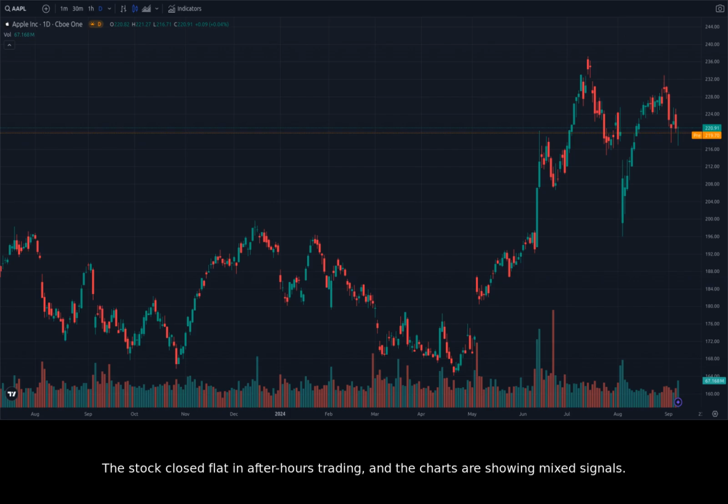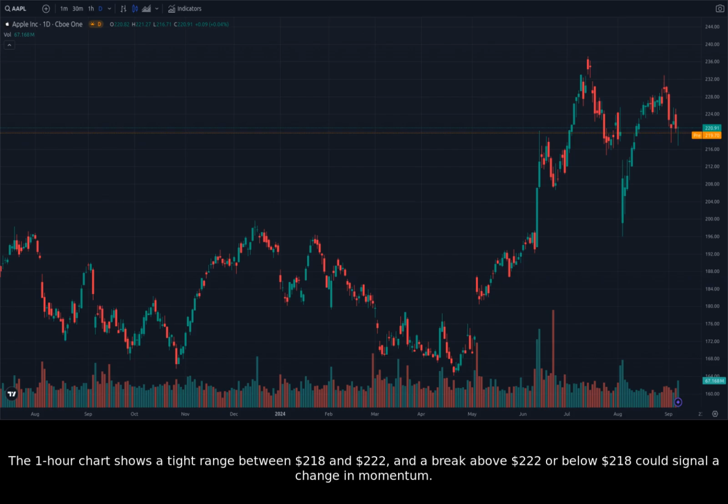The stock closed flat in after-hours trading, and the charts are showing mixed signals. The daily chart suggests a bullish trend, but the stock has been consolidating around $220 for the past week. The one-hour chart shows a tight range between $218 and $222, and a break above $222 or below $218 could signal a change in momentum.